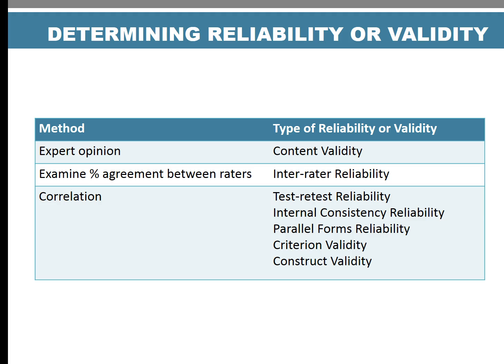So here's how we would determine reliability or validity. We would use expert opinion for content validity. We would look at the percent agreement between different observers or raters for inter-rater reliability. And we would use a correlation for test-retest, internal consistency, parallel forms, criterion validity, and construct validity.